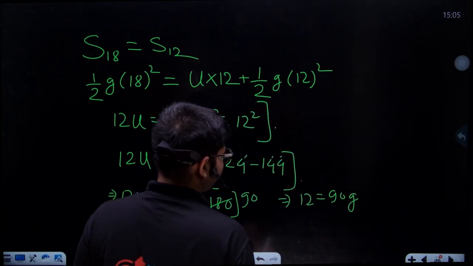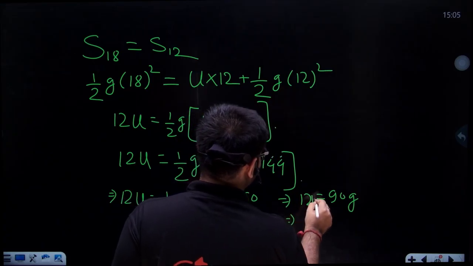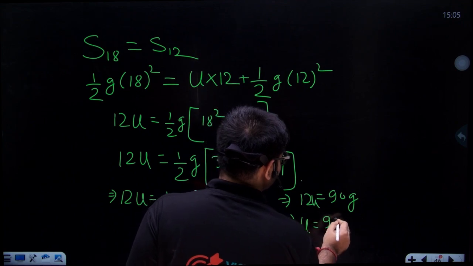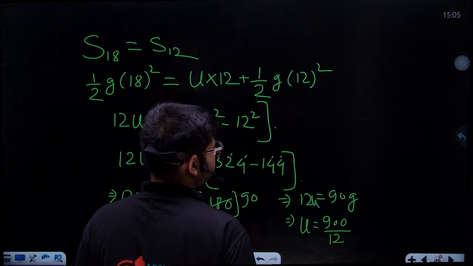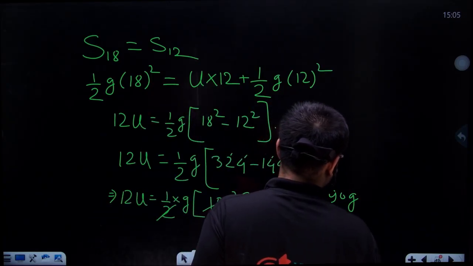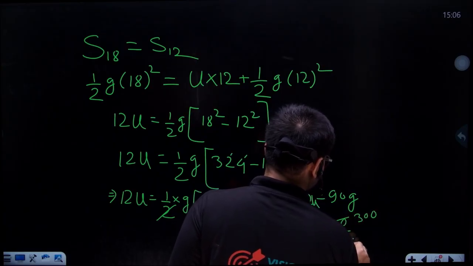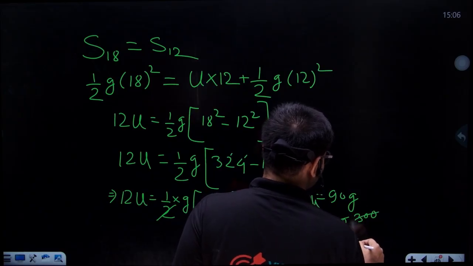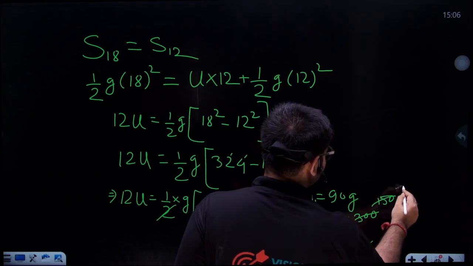So you have the value of 12u. So u is equal to 900 by 12, because g का value कितना है? G का value is 10. So we cancel it, 2 से cancel किया मैंने. 75.